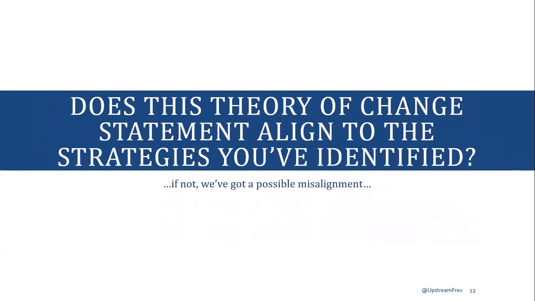So if I'm focusing on norms misperception and I have this really great theory of change statement, but I don't have any strategies that actually directly relate to my theory of change, or I don't have any strategies that address any of those aspects in my theory of change, I might have a misalignment in the fact that the things that I want to change will not be addressed by the things that I'm doing.